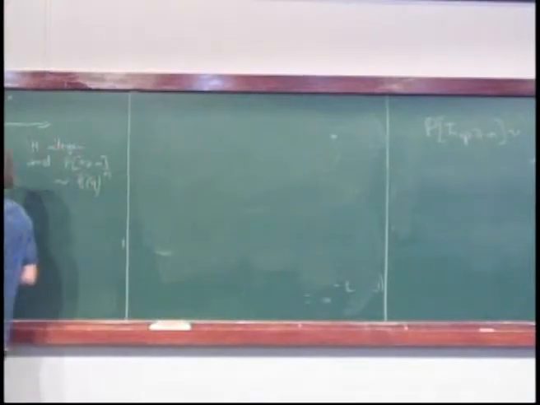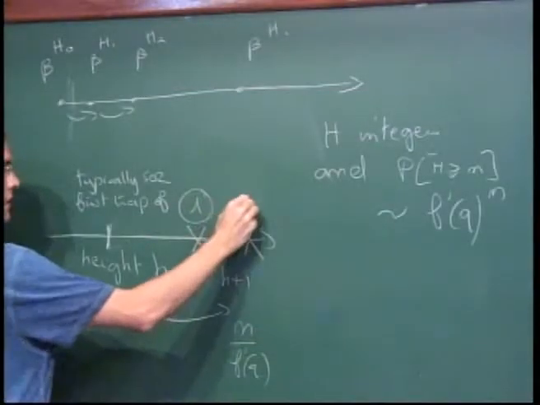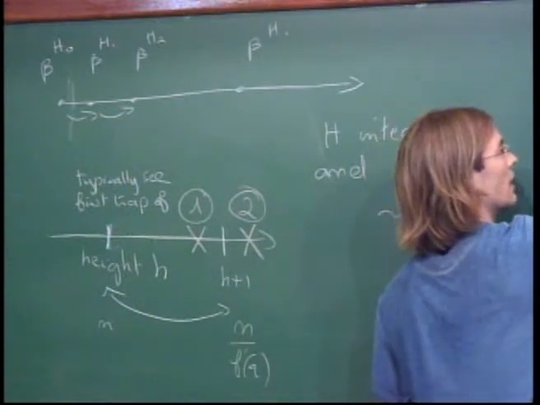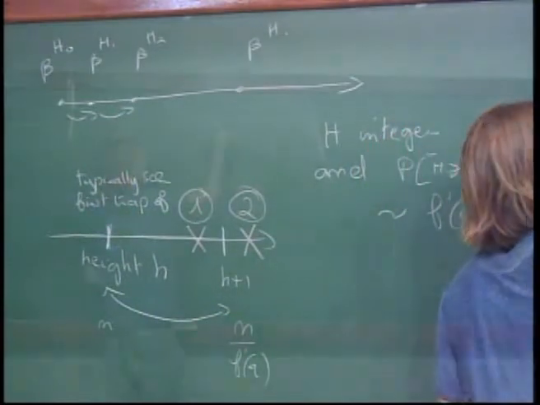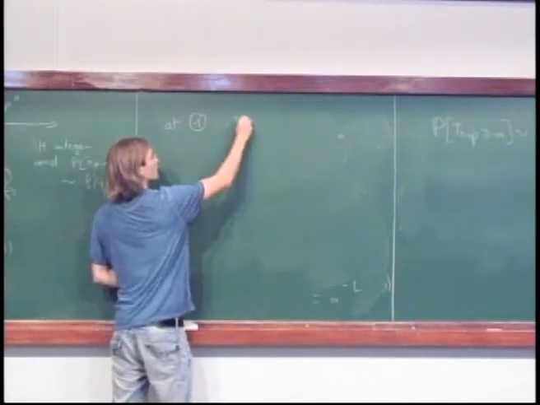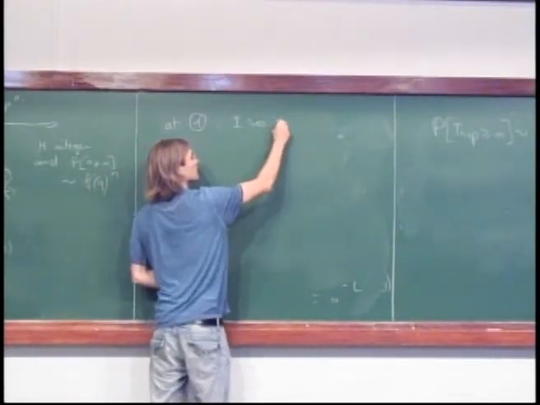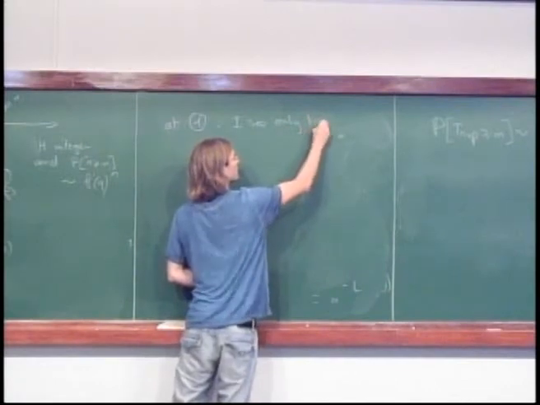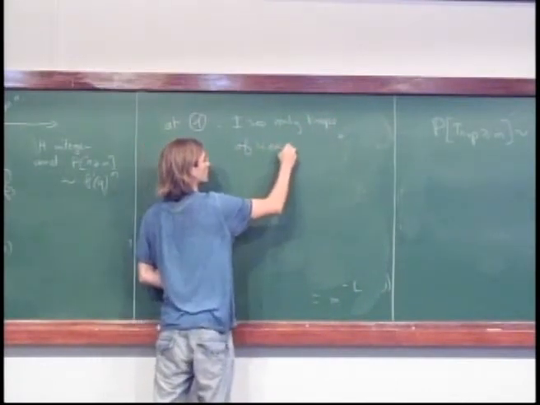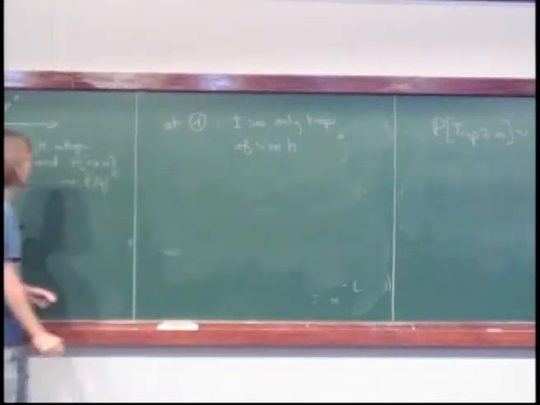So if this is point 1, and this is point 2, at 1, where do I see only traps of size h?